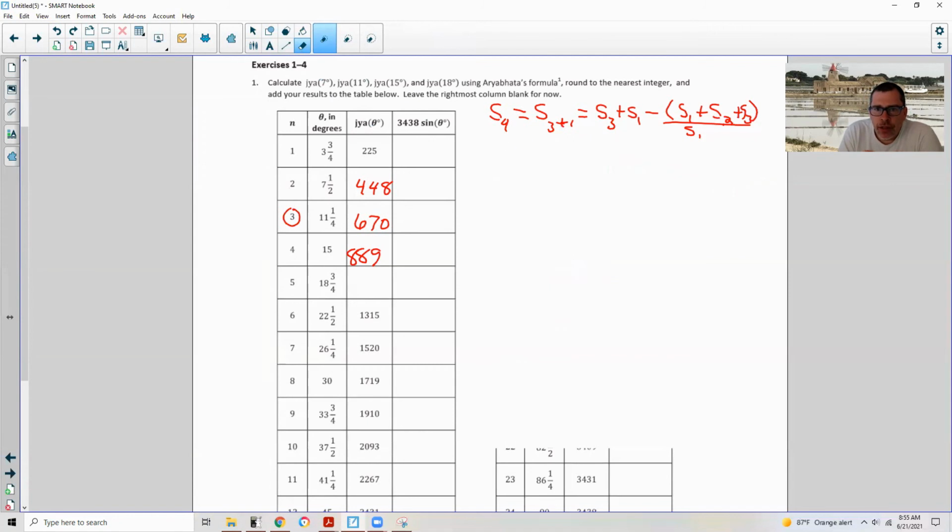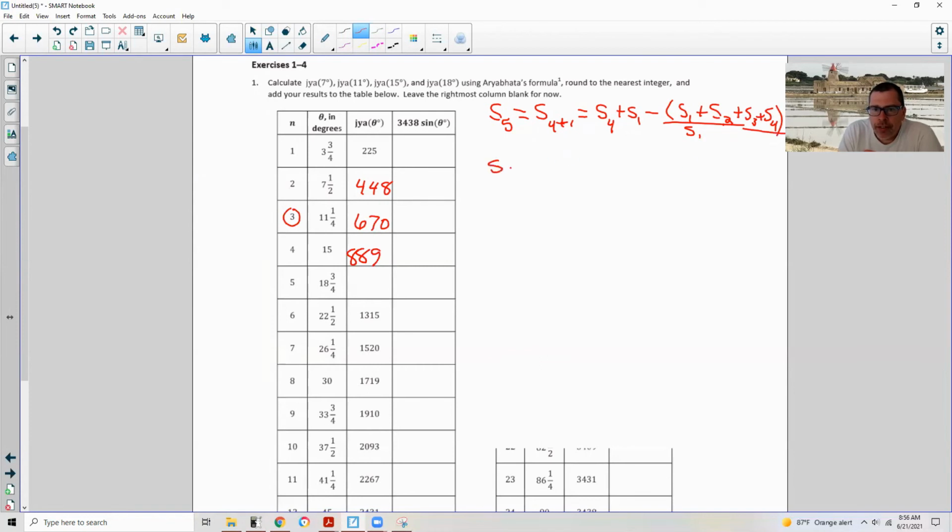Okay, so now we're going to do S sub 5. Let me erase all this. So S sub 5 is S sub n plus 1. So it's obviously 4 plus 1 gives us 5. So it's going to be S sub 4 plus S sub 1 minus S sub 1 plus S sub 2 plus S sub 3 plus S sub n, which is 4, divided by S sub 1.